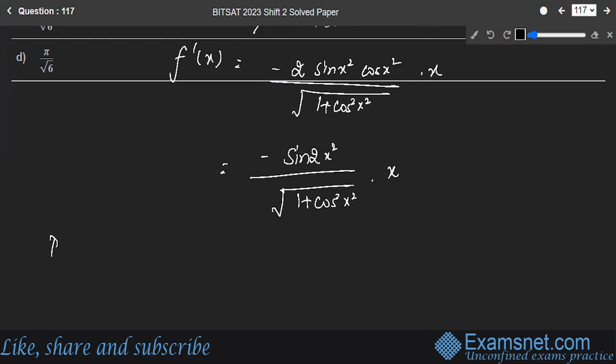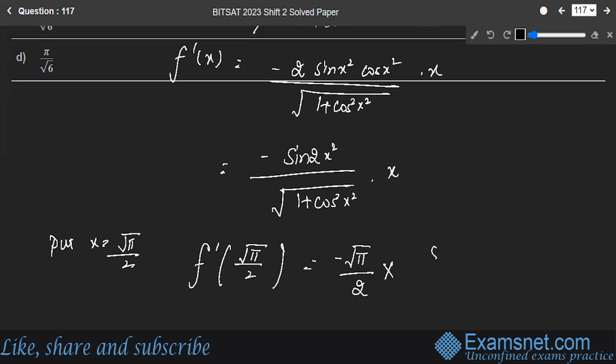Now if you have to find the derivative at x equal to this, f dash at root of pi upon 2 is given by minus root of pi upon 2 into sine of 2x square, which will be pi by 2, divided by root of 1 plus cos square pi by 4.